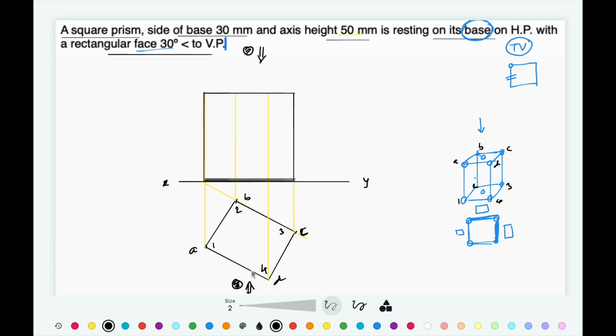So when you look at the object in this direction of the arrow, this 4D line is going to be visible. So let's draw that with a continuous thick line, whereas this 2B is going to fall on the rear end of the solid, and it is going to be invisible. So that line is to be drawn with a hidden line.